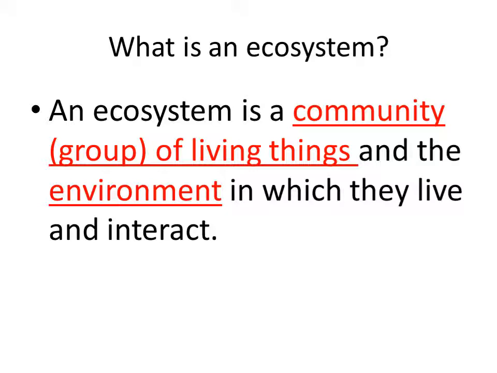We have different groups of organisms, like we have the birds, they are one kind of organisms. We have the pine trees, another group of organisms. We have worms, they are another group of organisms. We have the grasses, we have deer, we have bacteria. All of these different organisms that are living together in an area, we call them a community of living things.